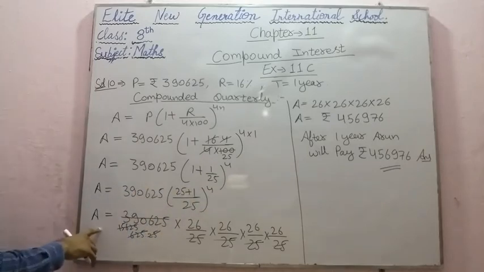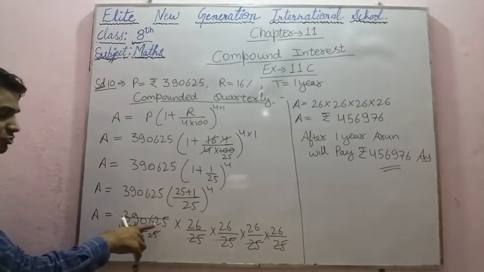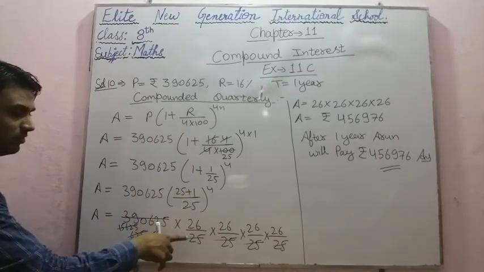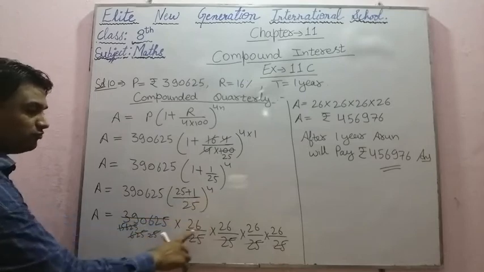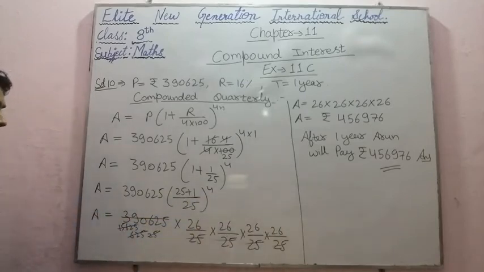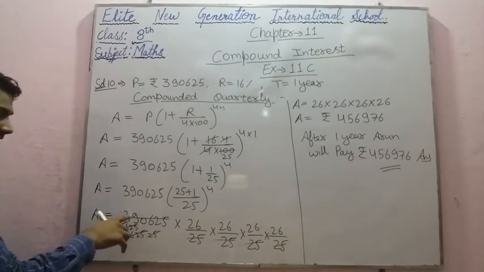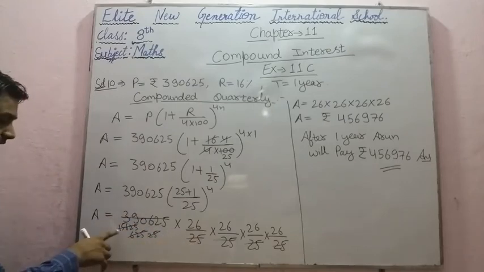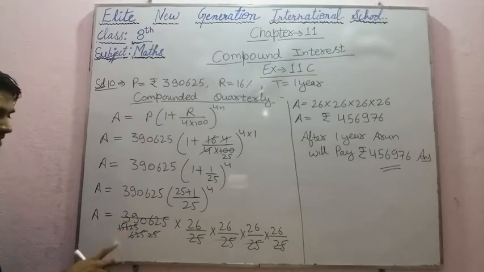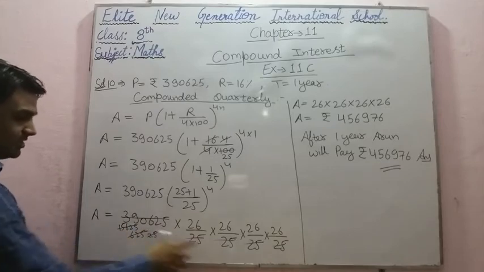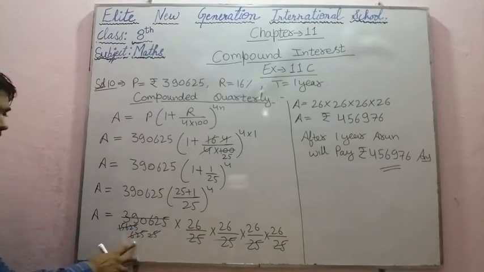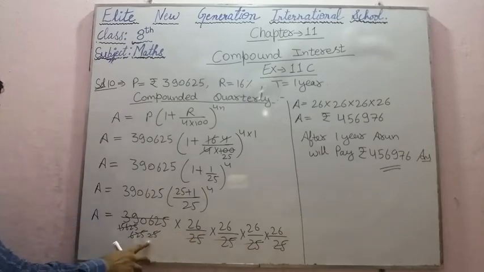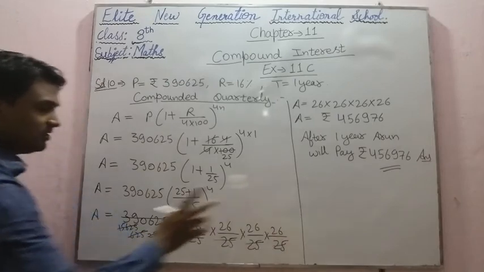So here amount equals 3,90,625, and 25 plus 1 will be 26 upon 25. Here the power is 4, so we will write it 4 times. Now after this, 3,90,625 will be cancelled by this 25, 15625 times. Now again it will be cancelled by this 25, 625 times, and 625 will be cancelled by this 25, 25 times, and this 25 will also cancel by this 25.